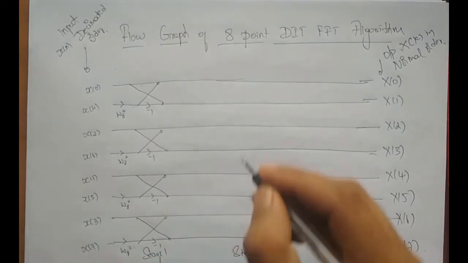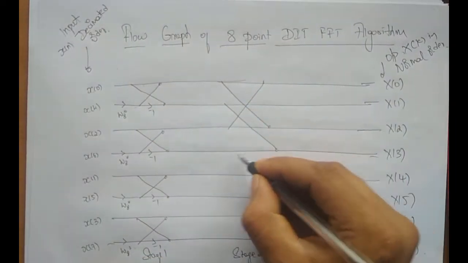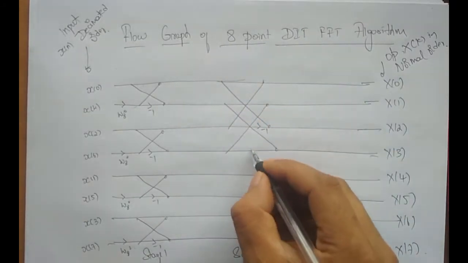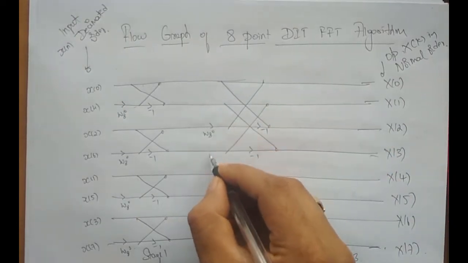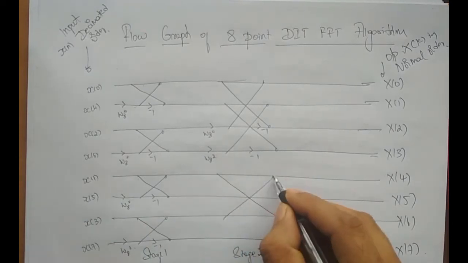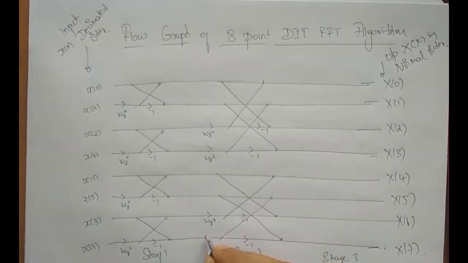The second stage also will be having 4 butterflies. Okay, this is minus 1, this is minus 1, this is W8 power 0, this is W8 power 2. So multiply with minus 1 and W8 power 0. So the same pattern repeats. Okay, so this is W8 power 2.